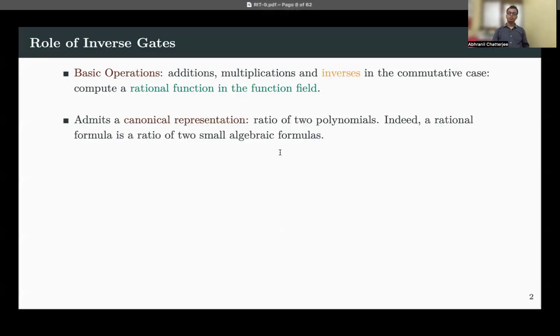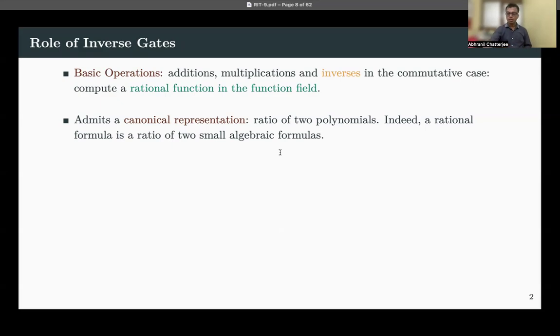Indeed, it was shown by Strassen that given any polynomial size commutative rational formula, you can represent it as a ratio of two polynomial size commutative formulas. In other words, it doesn't matter how many inverse gates you have, you can push all the inverse gates to the top of the formula, incurring only a polynomial blowup in size.